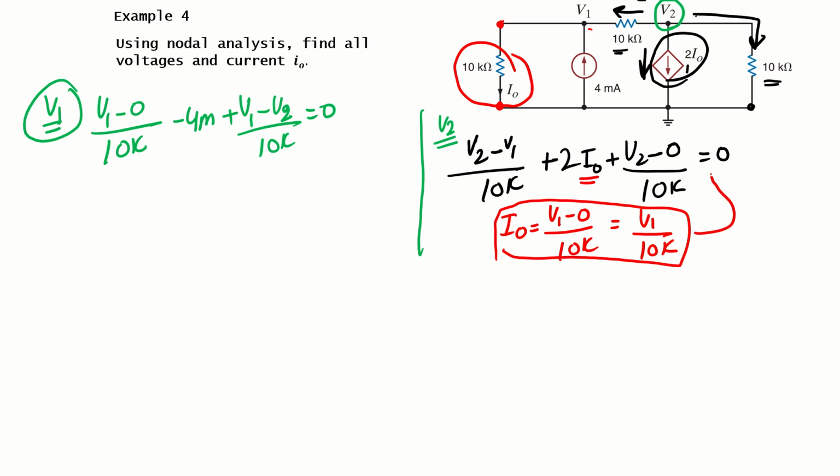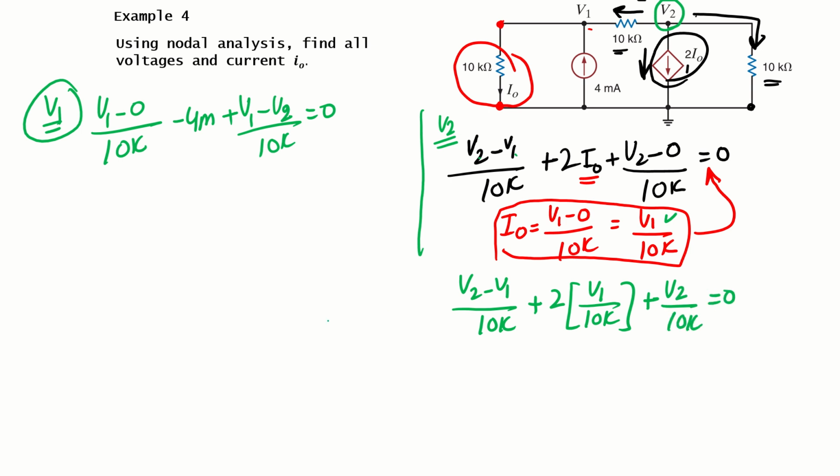We can put that in our original equation to get an equation with only the variables V1 and V2. So V2 minus V1 divided by 10k, plus 2 times I naught. What is I naught? We just found that this is basically V1 over 10k. Then V2 minus 0, I can rewrite as V2 over 10k, is equal to 0. Let's simplify this one.